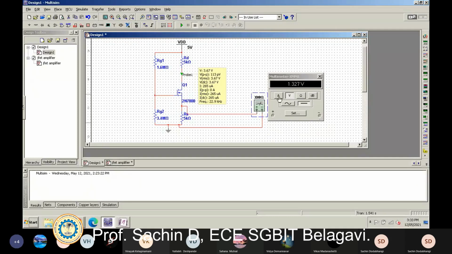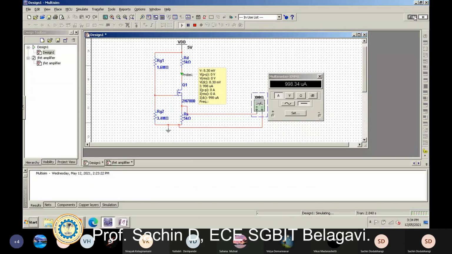See, if I connect the multimeter, I can check the current also. What is the current flowing through it? So I'll turn it on. The current is almost 998 microampere, which is almost 1000 microampere.